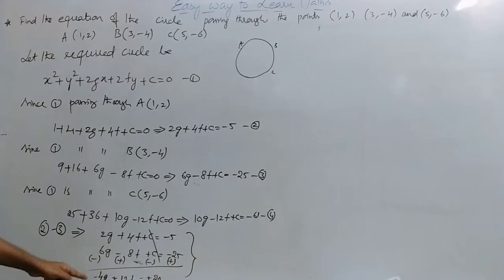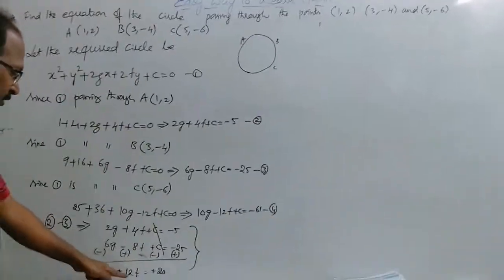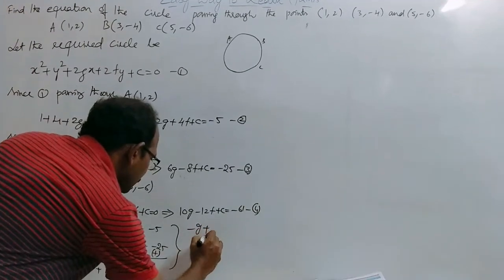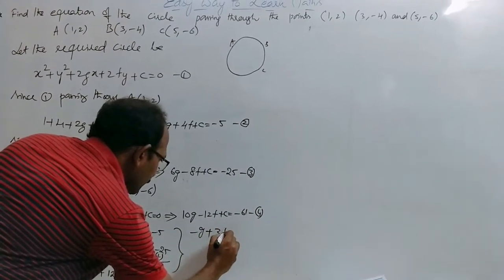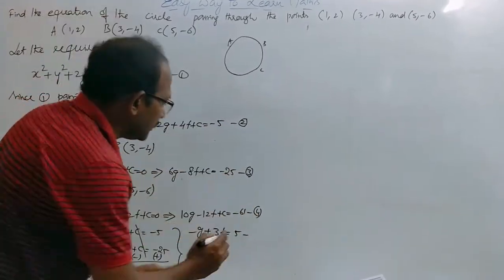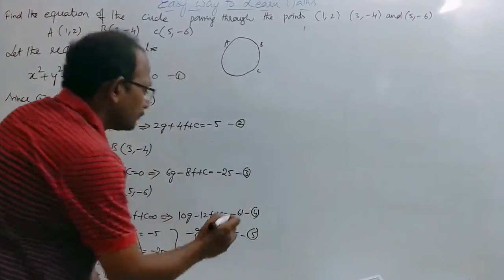Taking 4 common, minus g plus 3f is equal to 5. This is equation 5.